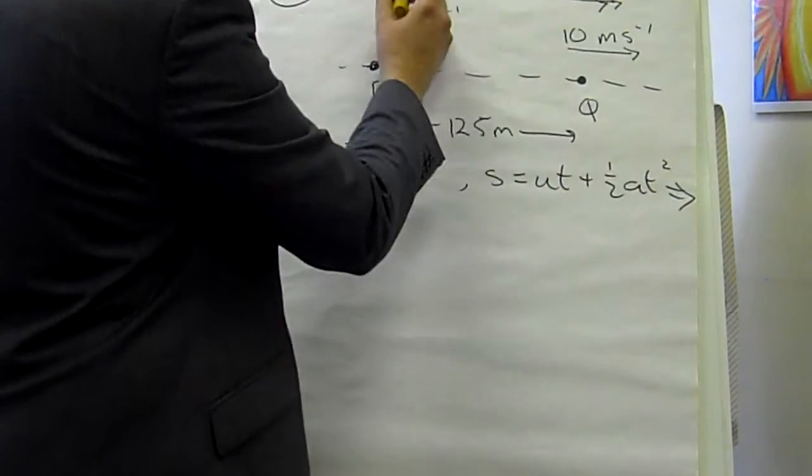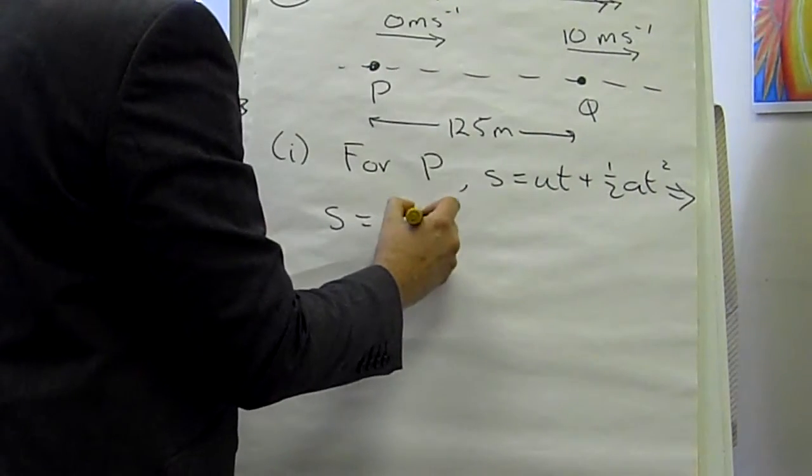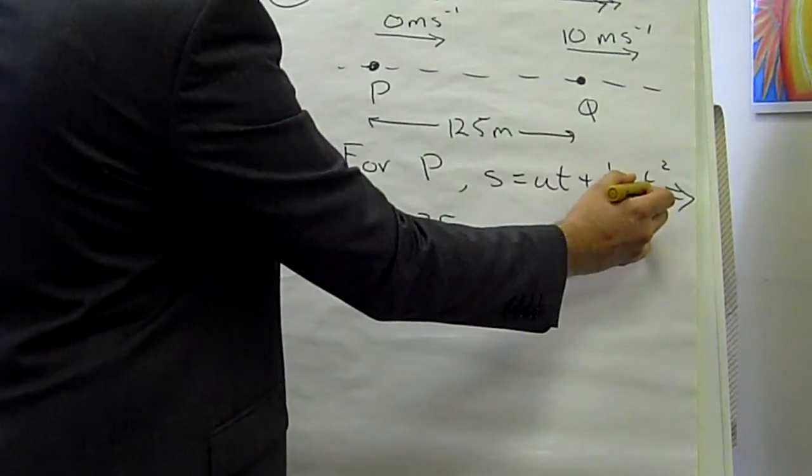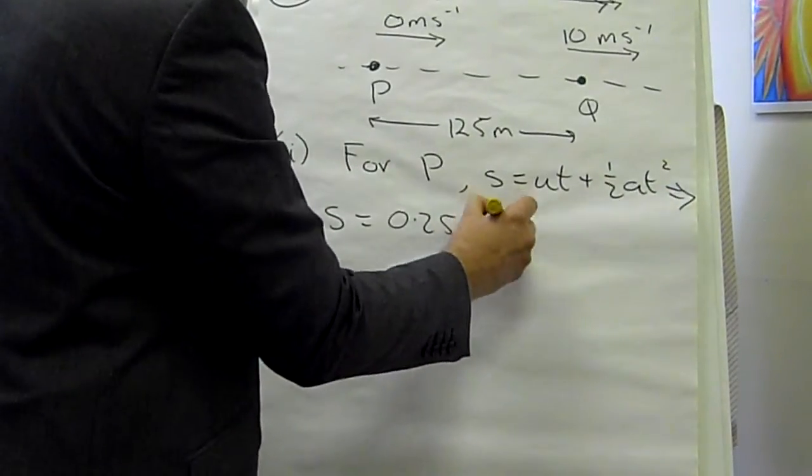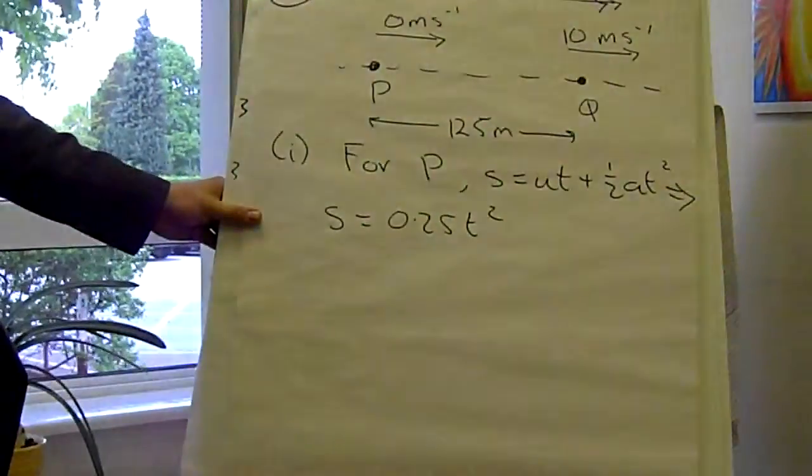A half of a is 0.25, so it's 0.25 t squared.